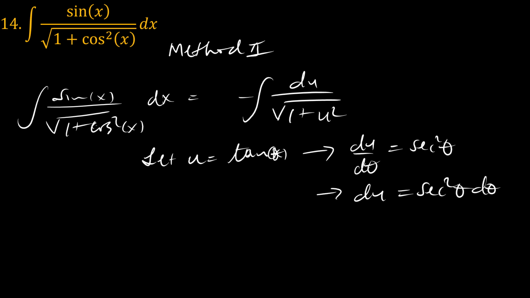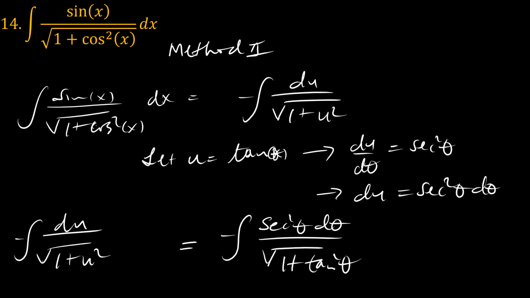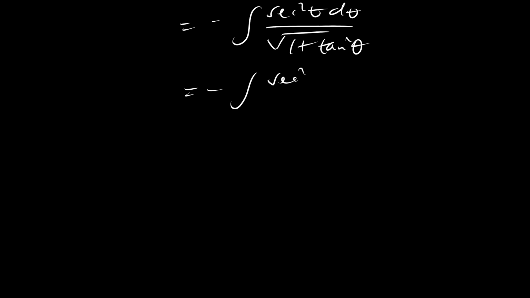Okay, and what does that mean? It means that our problem here is the same as negative sec squared theta d theta over the square root of 1 plus tangent squared theta, which is equal to, so we have come to that point, the same as negative the integral of the square root of sec squared theta, which is negative sec theta.